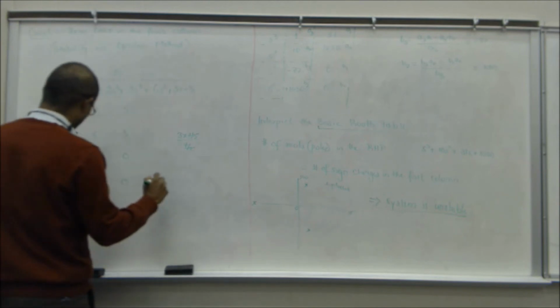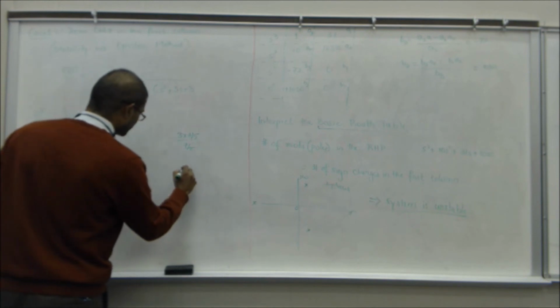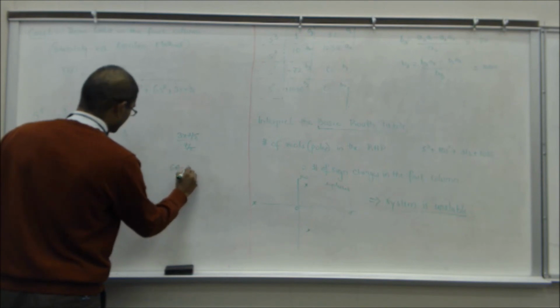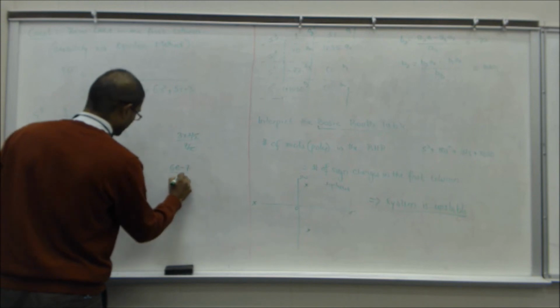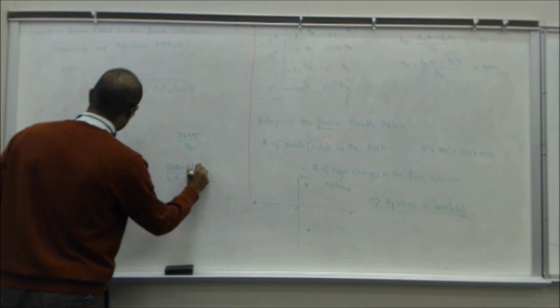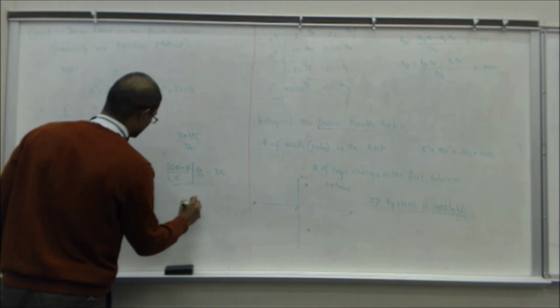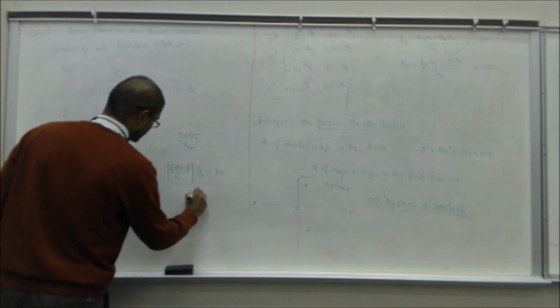So you have 6 epsilon minus 7 over epsilon, into 7 over 2 minus 3 epsilon, over 6 epsilon minus 7 over epsilon.